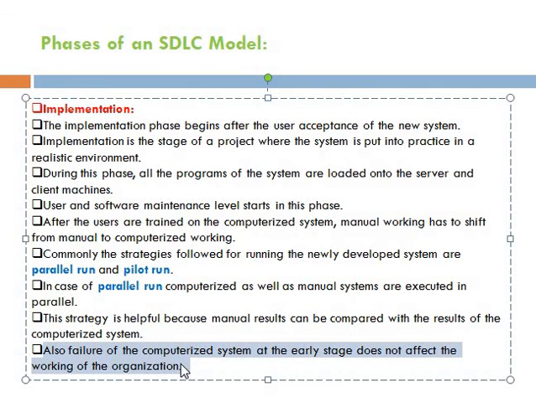Now, since the computerized system and the manual systems are executed in parallel, the failure of the computerized system at an early stage does not affect the working of the organization. This is because even if the computerized system fails, the records still exist in the manual systems.